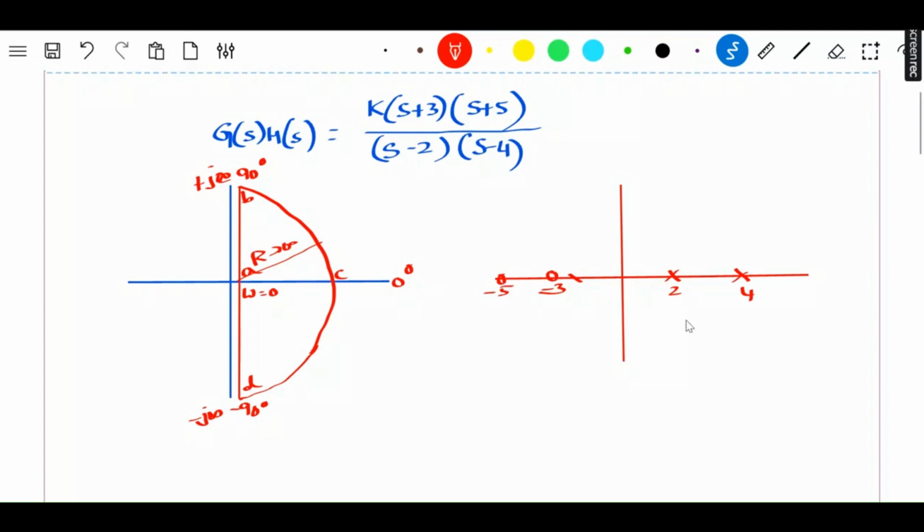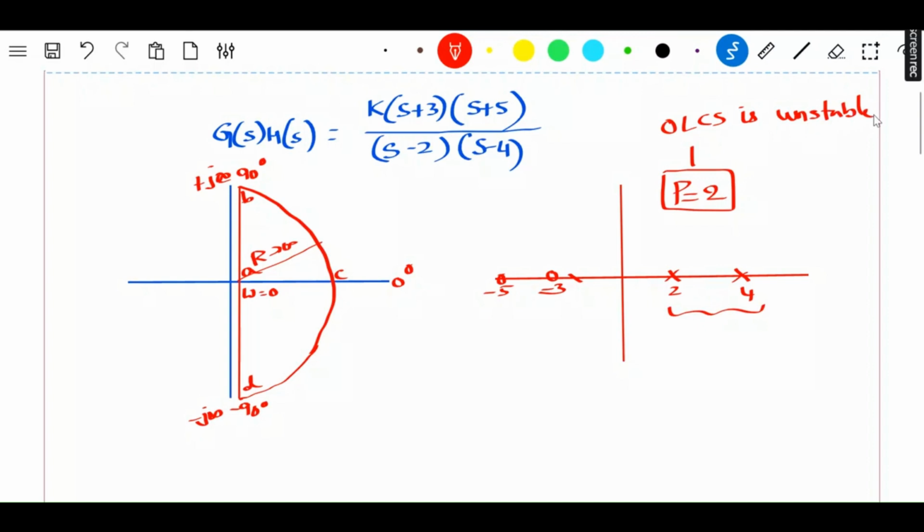So we have two poles in the right half of the S plane. Therefore, the value of capital P is equal to 2. As P is not equal to 0, the open loop control system is unstable.